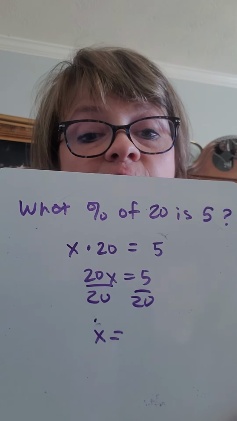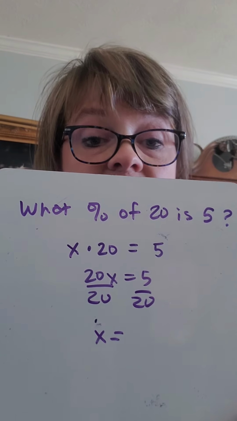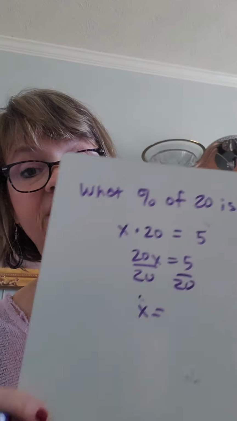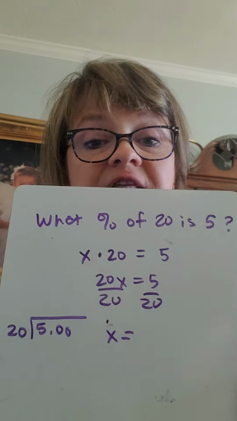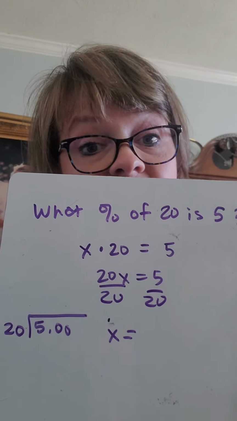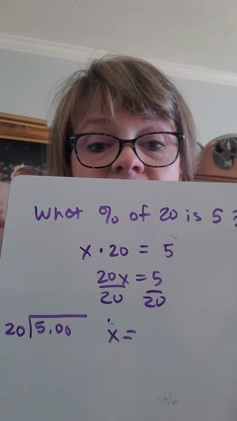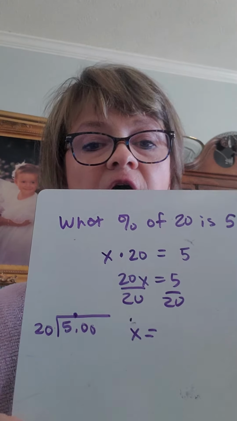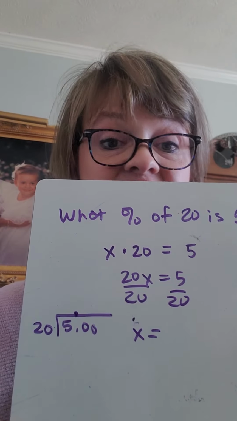There's a number of ways at this point to figure out what the answer is, but what I'm going to do is divide 20 into 5. You could reduce if you want to and then divide, but I'll go ahead and divide 20 into 5.00. Remember, the top goes in the box. Top box. Box top. 20 doesn't go into 5, so I'm going to put the decimal point up and know that I'm going into 50 instead.